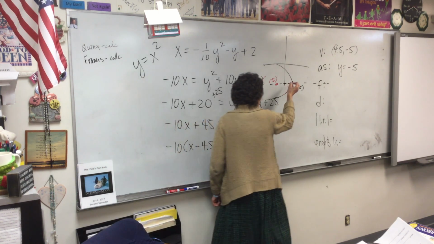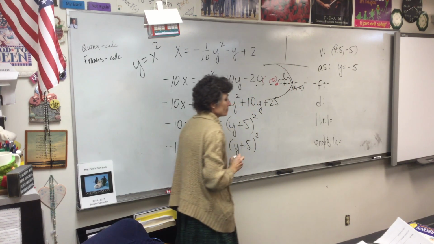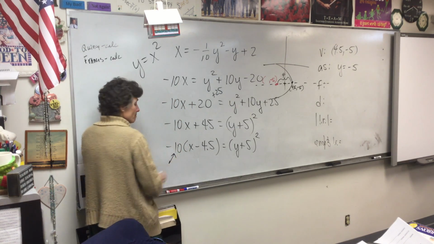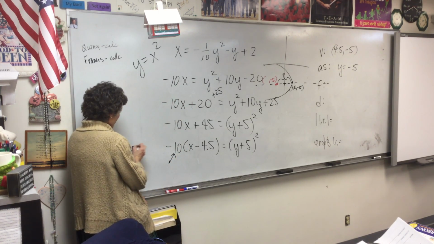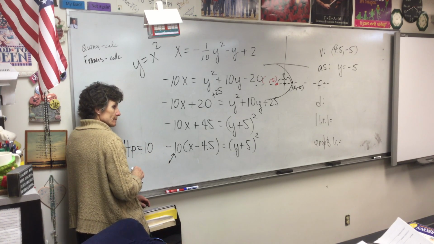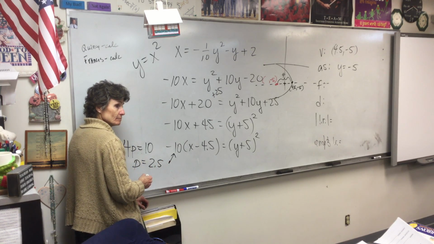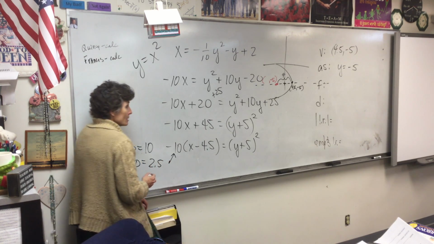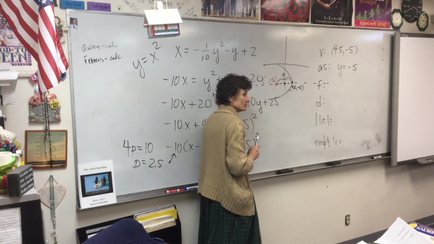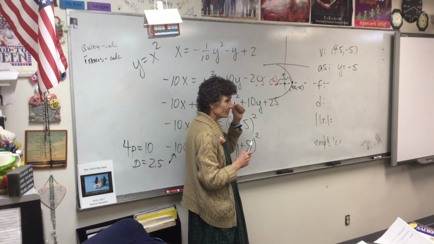This distance right here is P. In my problem, 4P is 10 or -10. So P is 2.5. So I am going to start at 4.5 and back up 2.5.